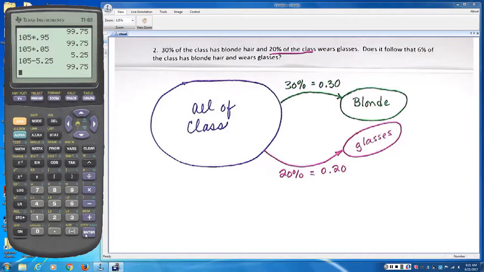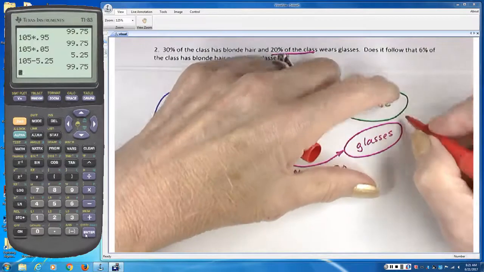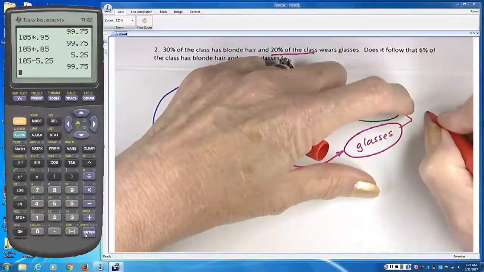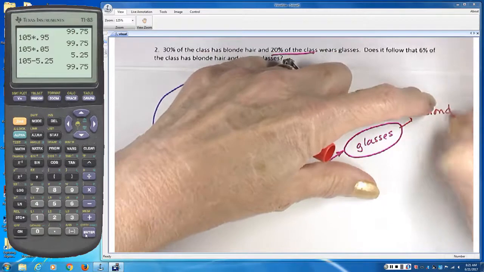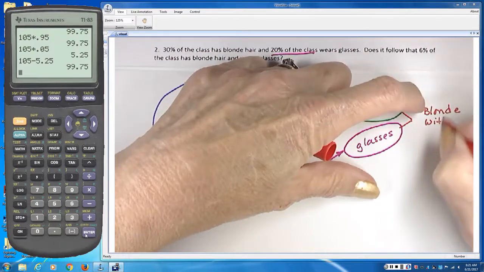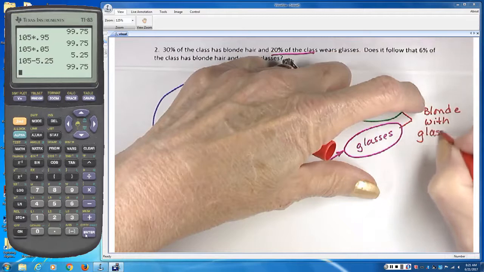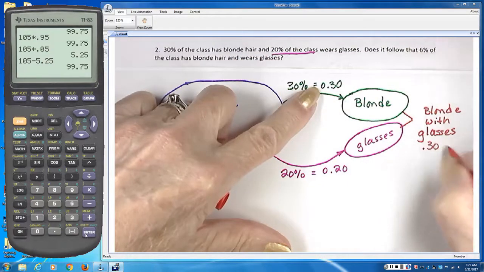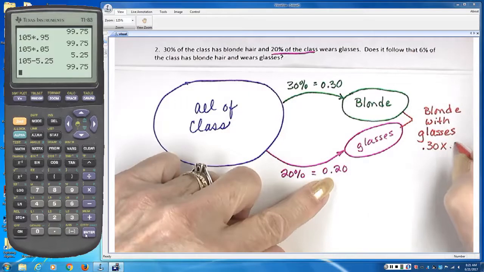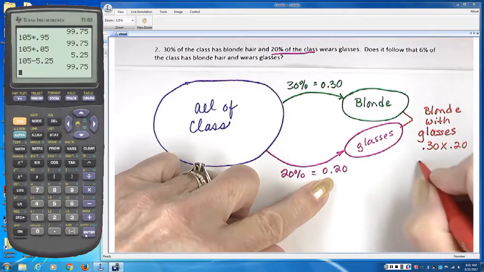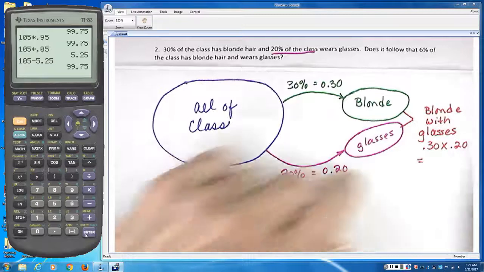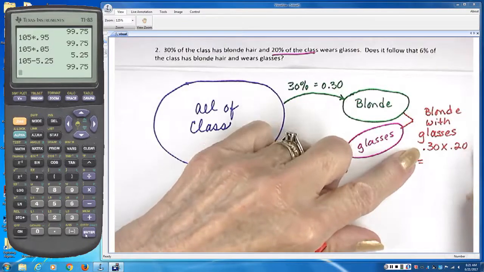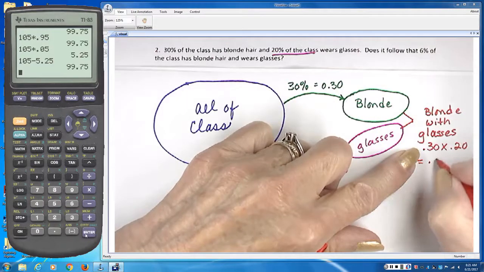So that means the blondes with glasses should be that 0.30 times that 0.20, which is 0.2 times 0.3, that's 6, and it's 0.06.